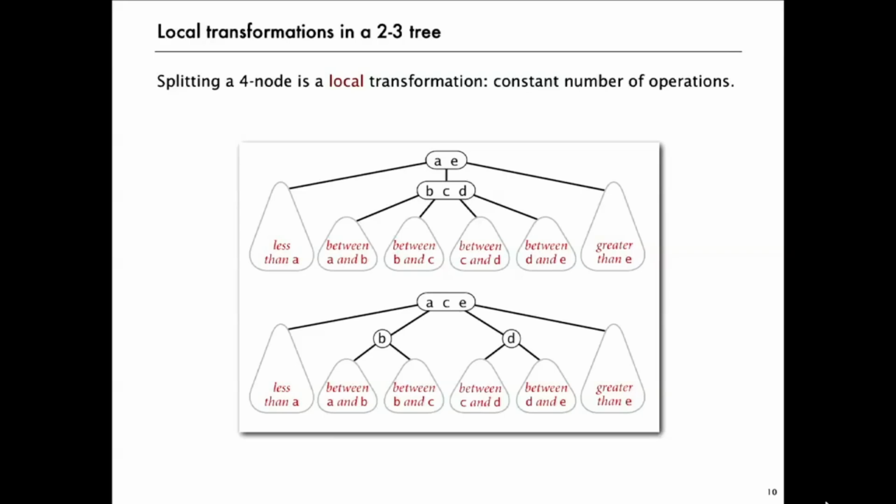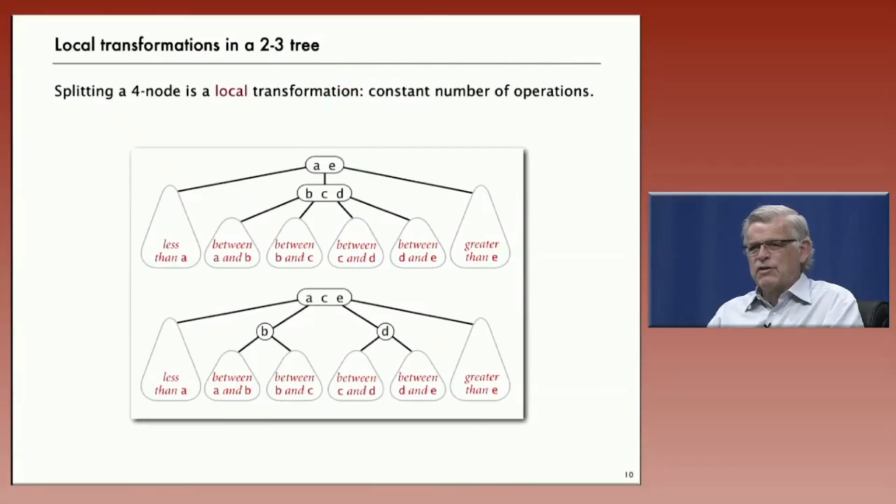We don't touch them at all, nor do we touch anything above this node in the tree until a split happens. So the transformation that splits that BCD node and inserts the C into the 3-node at the root just involves making that 3-node into a temporary 4-node and making that 4-node into two 2-nodes and adjusting the links appropriately.